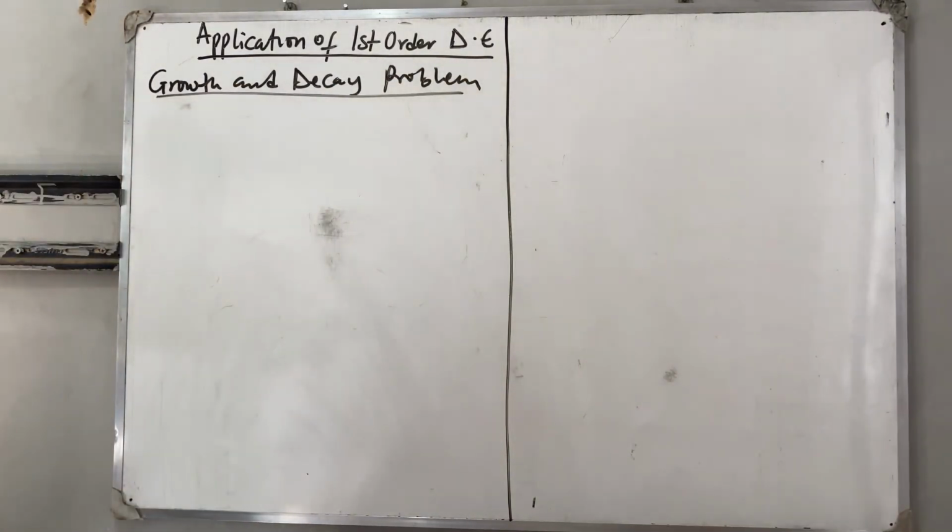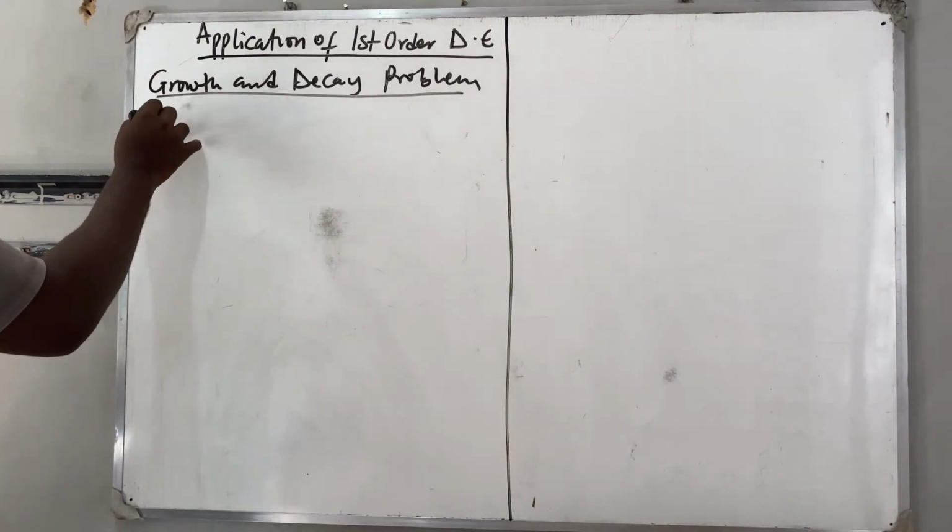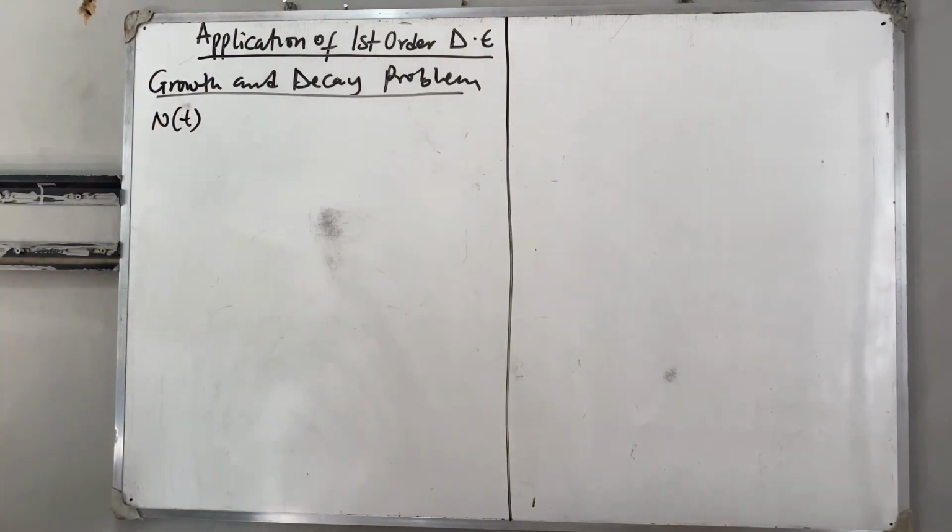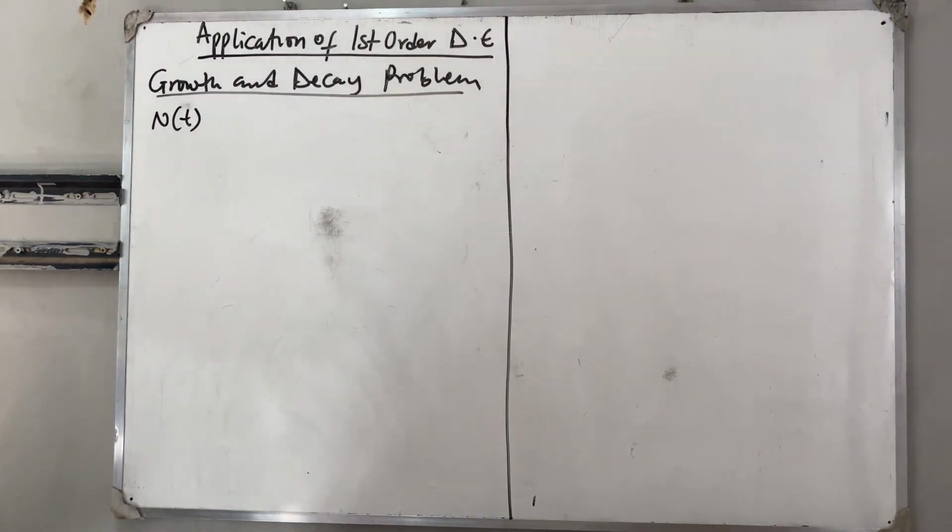Now, for this growth and decay problem, let us assume that N of t is the present population of a disease or an organism or anything at all. In fact, let N of t be the current population.